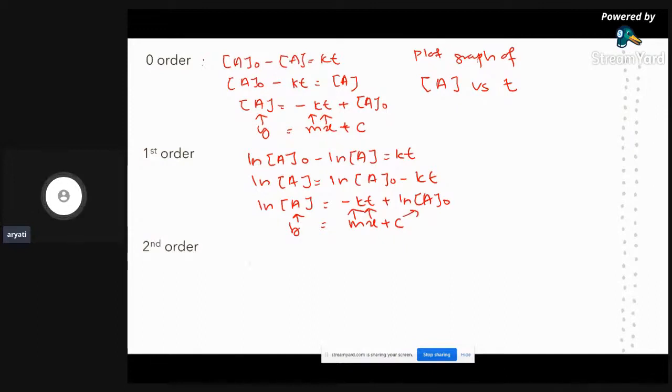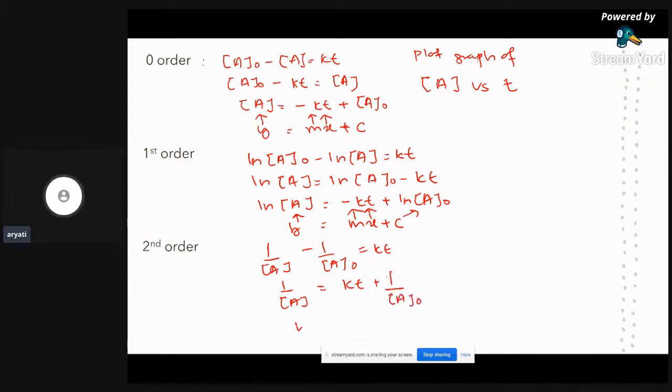So for second order, okay, the integrated equation for second order is 1 over A minus 1 over A naught equal to KT. So kita jadikan 1 over A the subject. 1 over A equal to KT plus 1 over A naught.